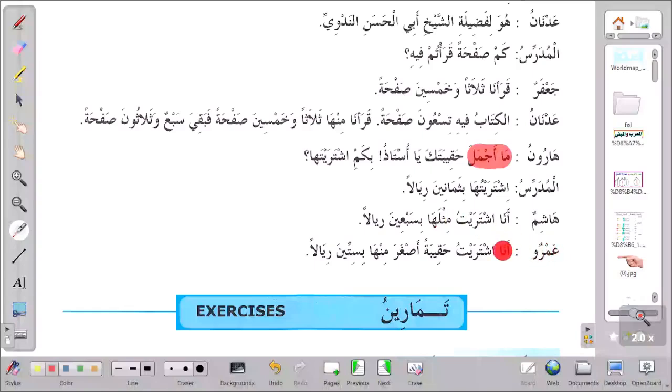Amrun now says: أنا اشتريت حقيبة أصغر منها بستين ريالا.